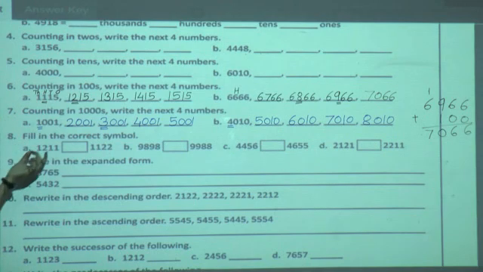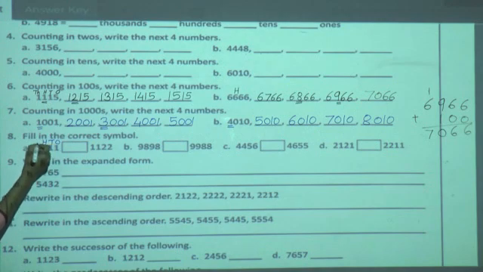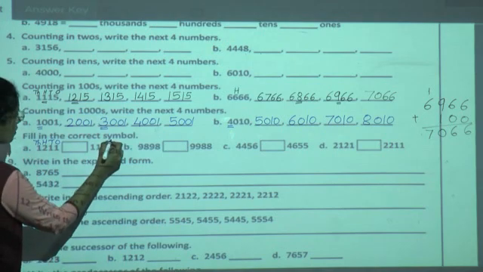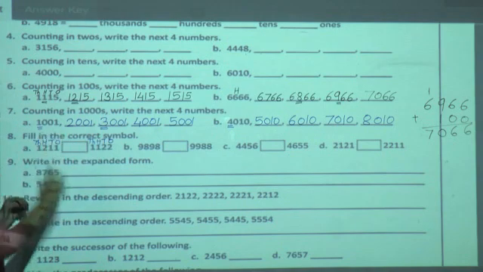Whenever you will see the number, at the top of the number we will write its place like this. O stands for ones, T means tens, H means hundreds and TH means thousands. Now here also we will mention first O, T, H and TH.